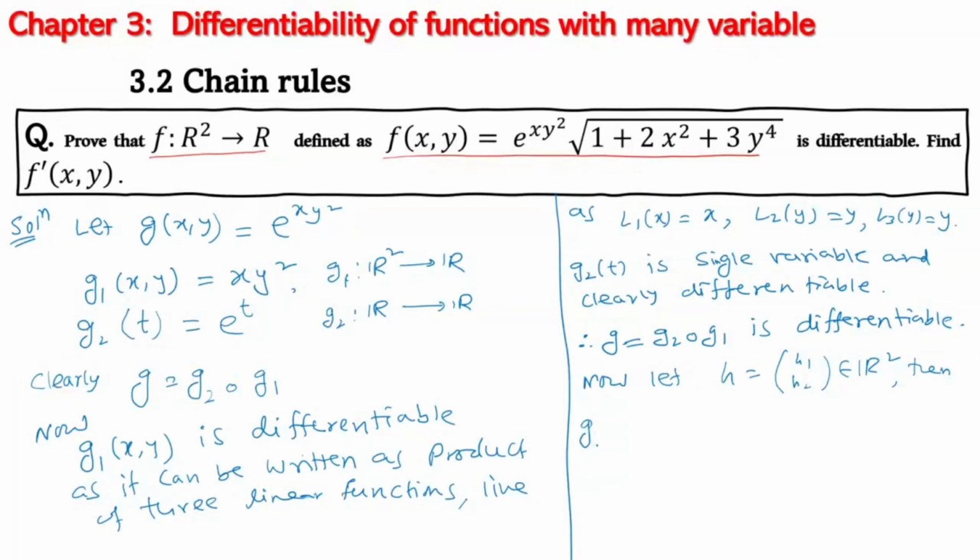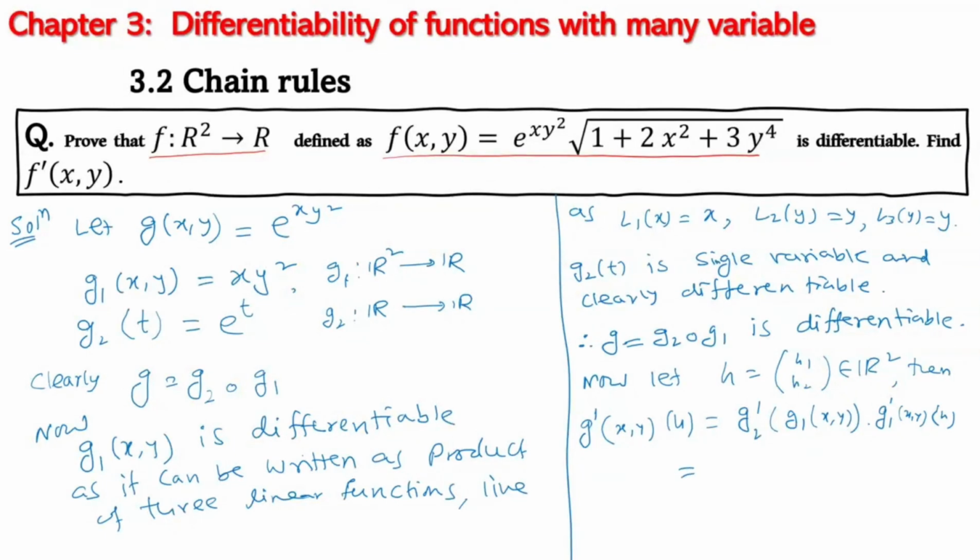Then g dash (x,y) operating on h is equal to g2 dash g1(x,y) and then g1 dash (x,y) operating on h.